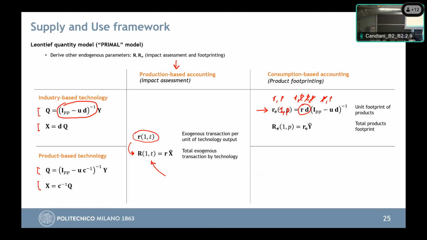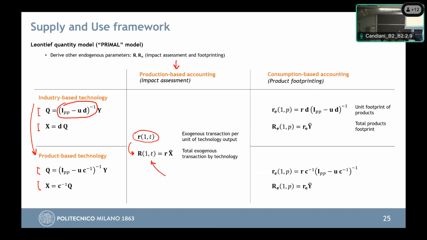Total products footprint RE. Now, let me clean up this equation a bit. What happens if I'm switching from industry-based technology to product-based technology? Basically, the structure of the equations is always the same.